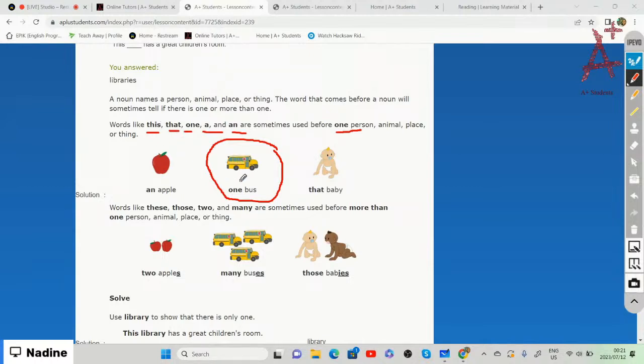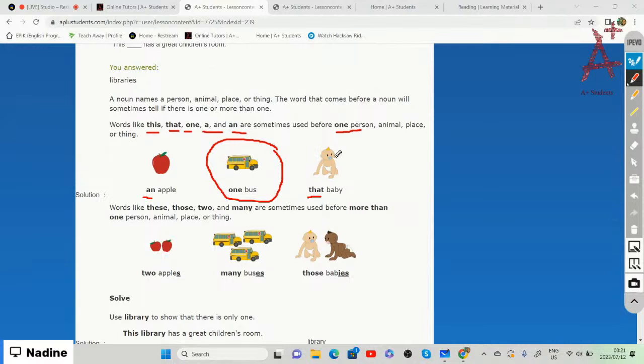Or if we're mentioning that bus, it's also only talking about one bus, and it's the bus that's maybe standing further away from where you are. One bus makes mention of only the one bus, or we can say a bus, and that makes mention of only one bus. And then we have the same with that baby, an apple.